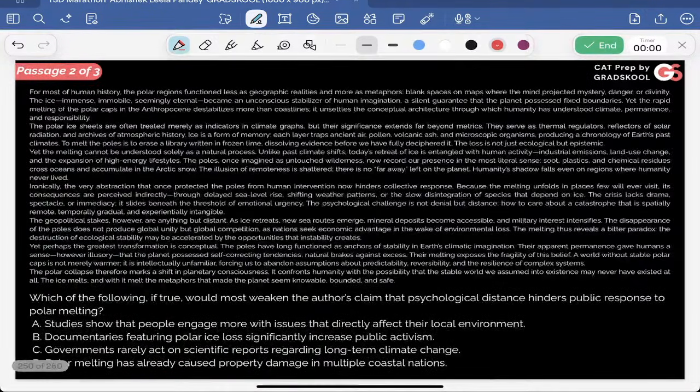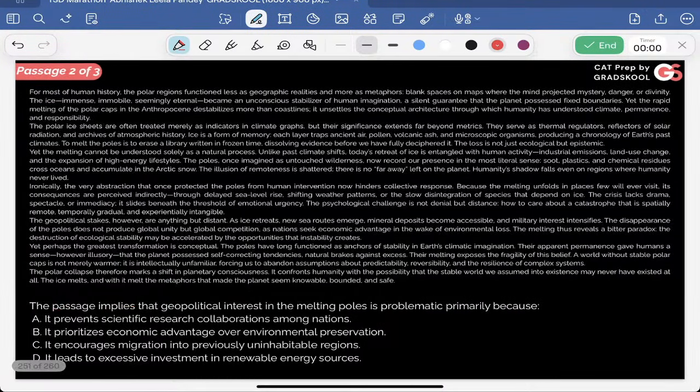Let's see. Next one. Which of the following, if true, would most weaken the author's claim that psychological distance hinders public response to polar melting? We should read, right? First, we'll read the passage, then we'll come back to this. I cannot read the options right away because we don't know what the passage talks about. The claim is psychological distance hinders public response to polar melting. Okay, let's go to third one.